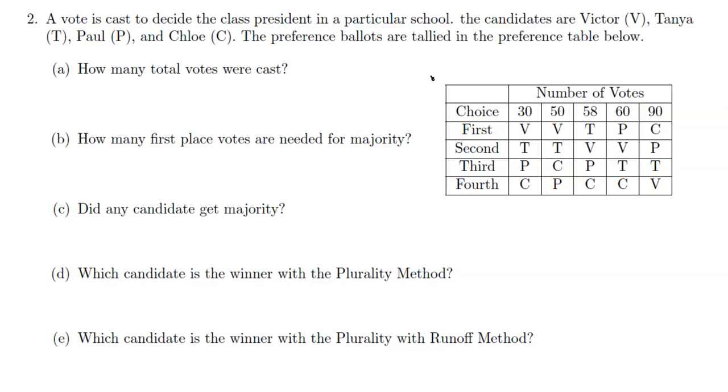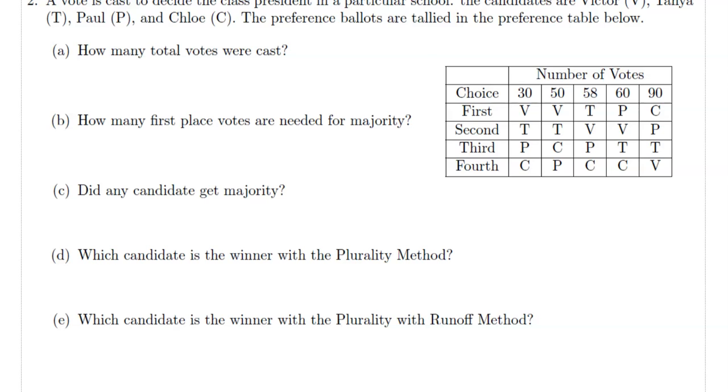So we're going to go through these questions one by one, and at the end we'll take a look at those new fairness criteria that we've been learning. First off, how many total votes were cast. We can remember that the vote totals are listed here across the top. That's how many votes there were for each of those different ballots. So we can add those up to get the total.